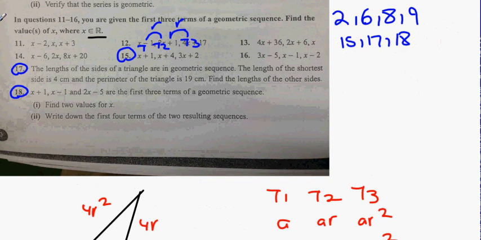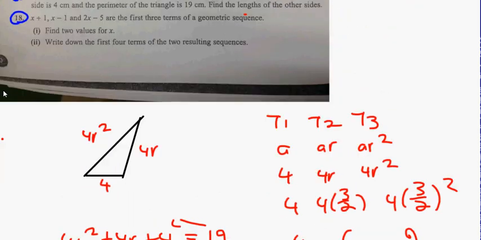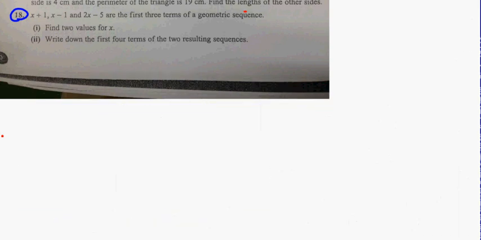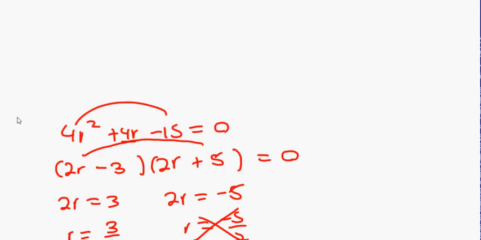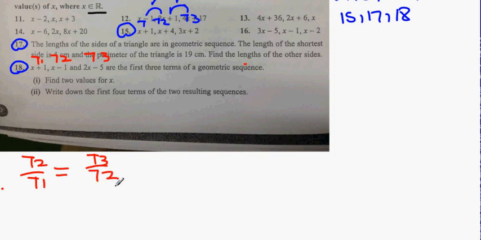Now, moving on to question 18. x plus 1, x minus 1, 2x minus 5 are the first 3 terms of a geometric sequence. Find 2 values for x. So, what we have here is going to be, once again, T1, T2, T3, such that T2 divided by T1 equals the same thing as T3 divided by T2.